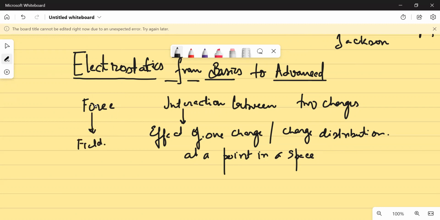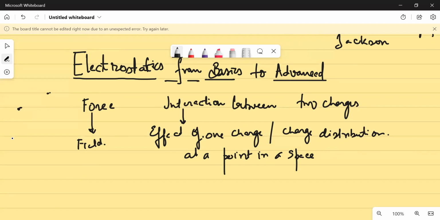The force usually had something to do with interaction between two or more things. Let's say there are two charges. The force between the two will govern the interaction between them.